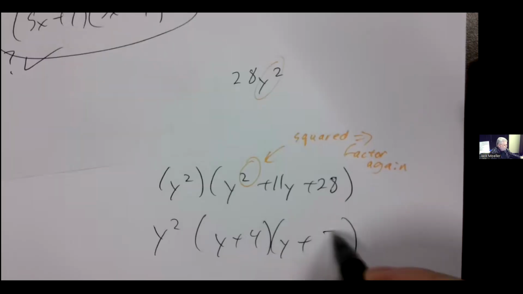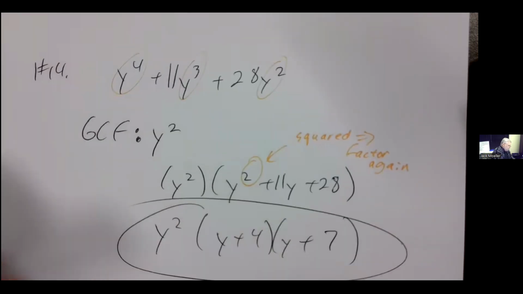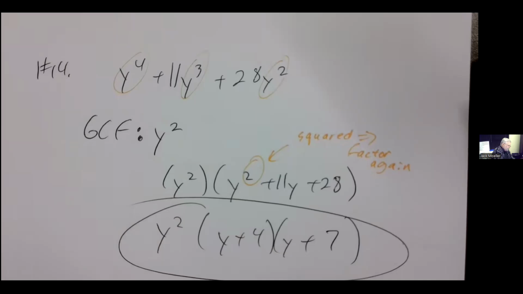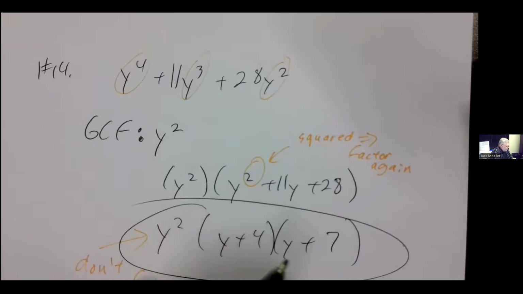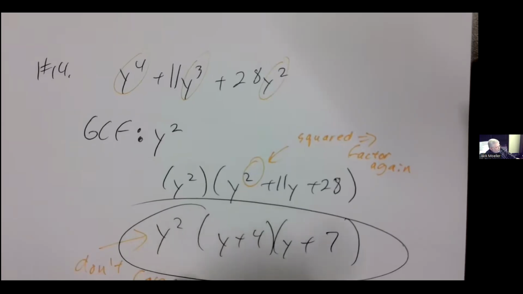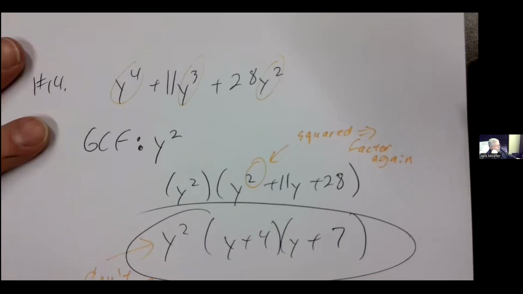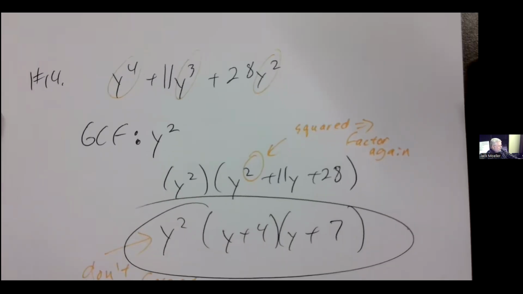And then don't forget, the GCF is part of the final answer. So if you have a trinomial that you're trying to factor as a trinomial and it just feels really messy, that's a good indication you're missing a GCF.